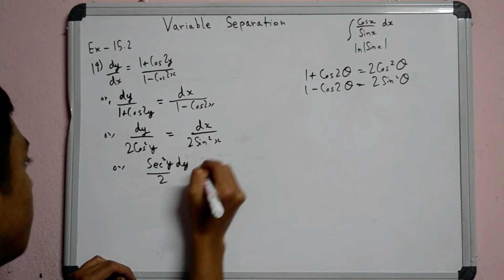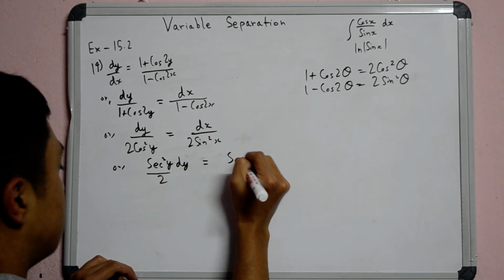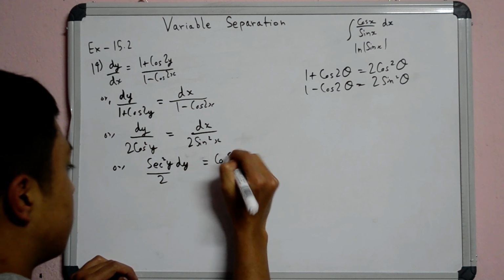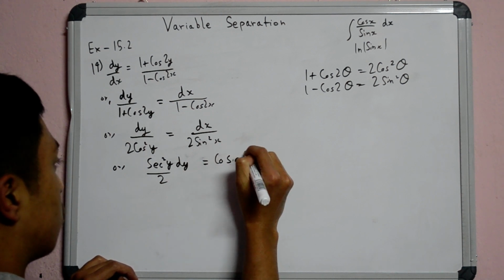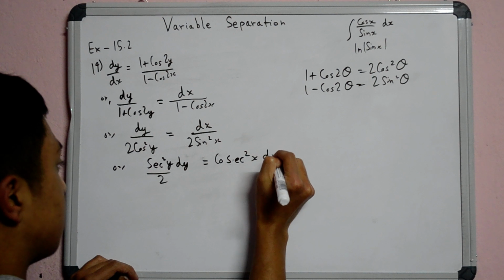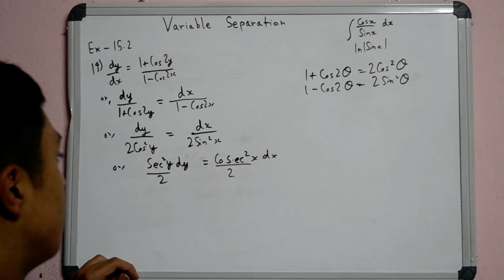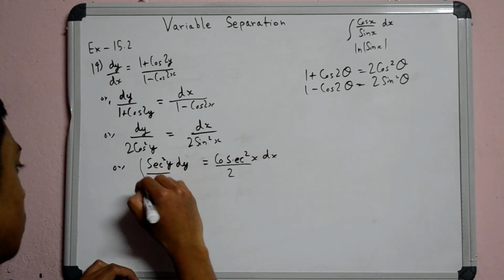by 2 is equal to cosec square x dx by 2, and we can now integrate both sides.